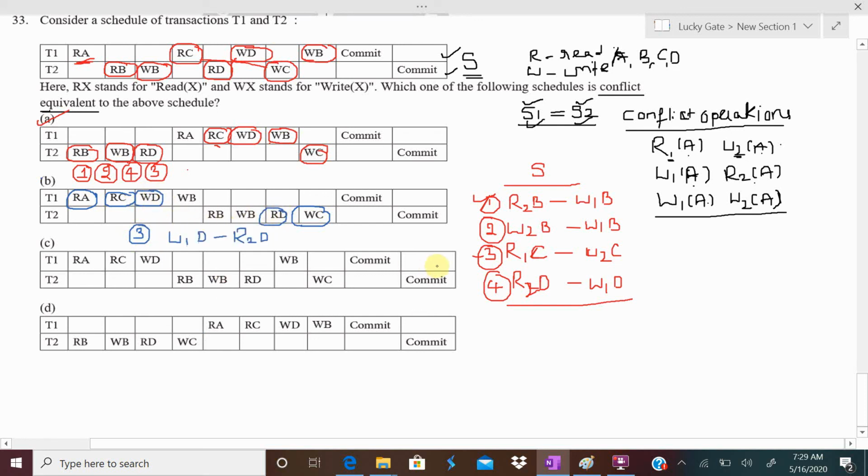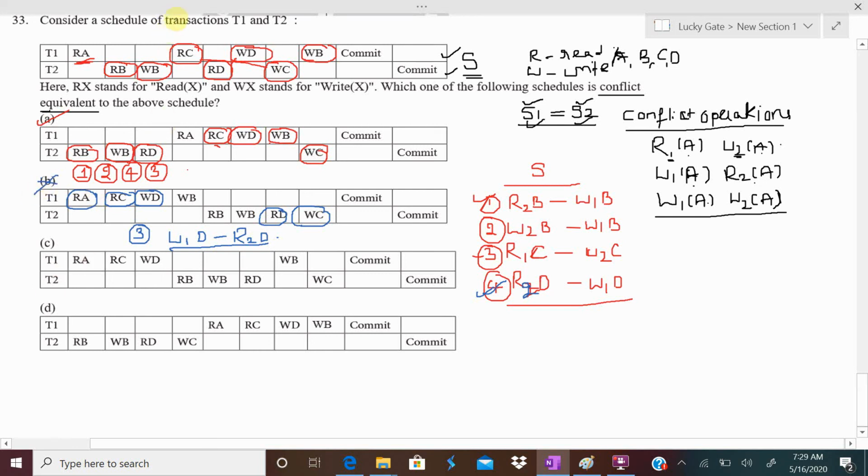But when you observe the conflict in the given schedule, we have read 2D write 1D, means it is a conflict from 2 to 1. But in the option it is a conflict from 1 to 2, means this conflict is not present in the given schedule. Now I can conclude that option B is wrong.